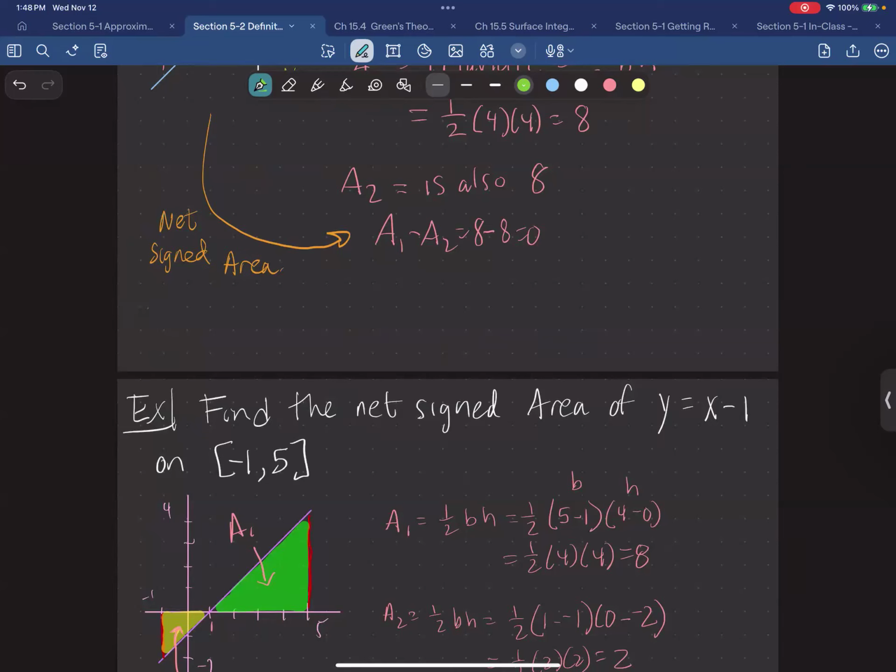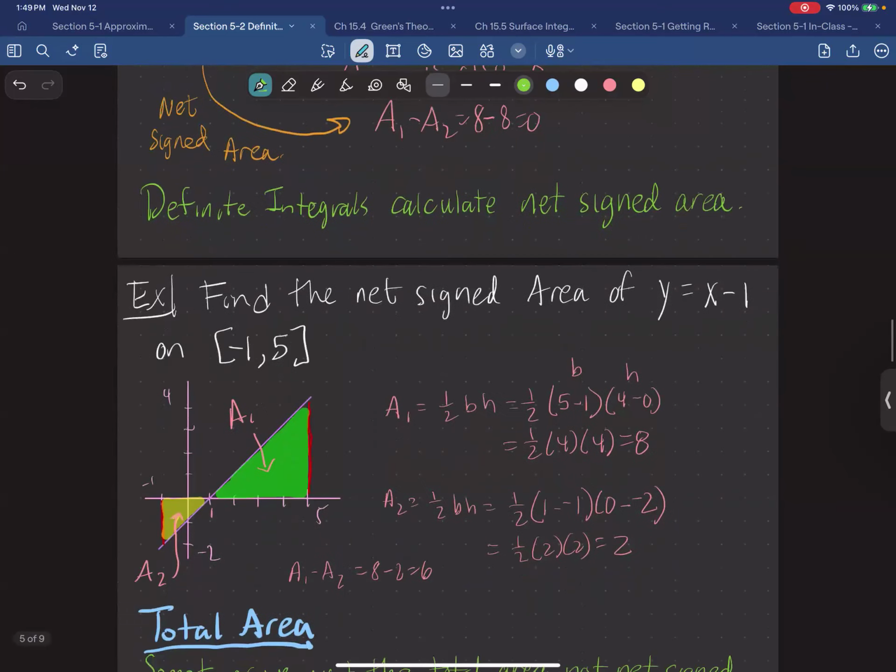Indefinite was yesterday. Definite integrals calculate net signed area. You're going to get really mad later on when we introduce infinity. I know I did. You'll see.